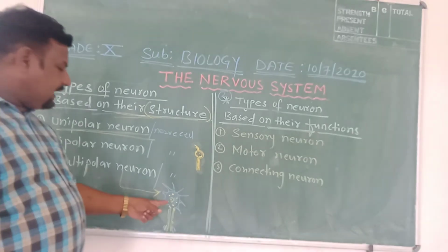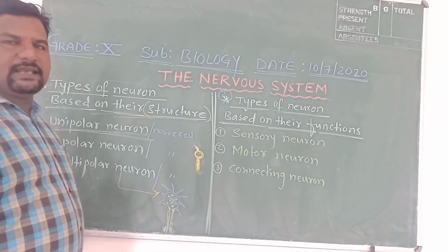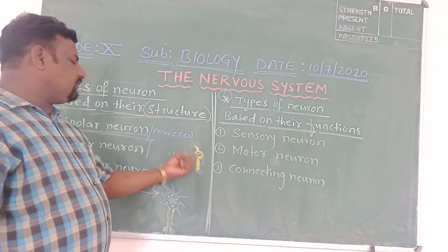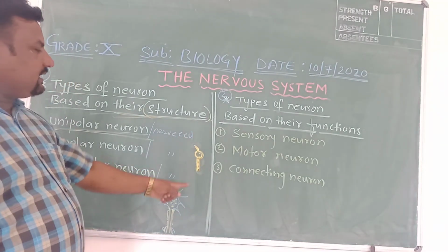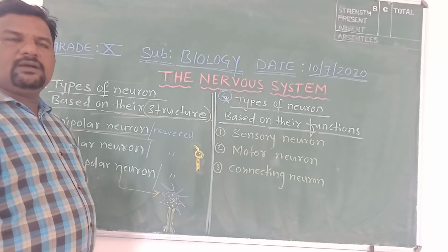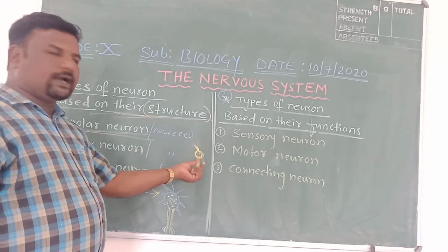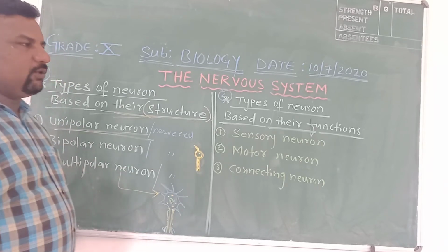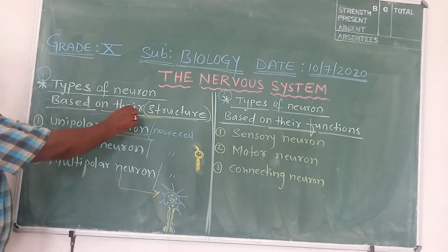A multipolar neuron will have multiple dendrites arising from the cell body. In a bipolar neuron, we find a single dendrite and a single fiber arising from the cell body, that is the axon. In a unipolar neuron, there are no dendrites, only a single long axon arising from the cell body.